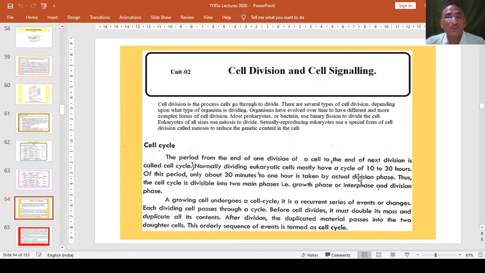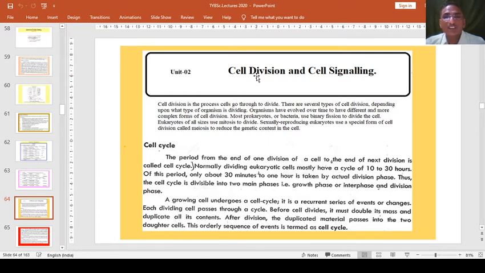So prepare yourself. In lecture number 10, we will now continue with unit number 2, that is cell division and cell signaling. As usual, we are well aware of cell division. This is the process of dividing the cell, where one cell gives two divided cells with either n number of chromosomes or 2n number of chromosomes.